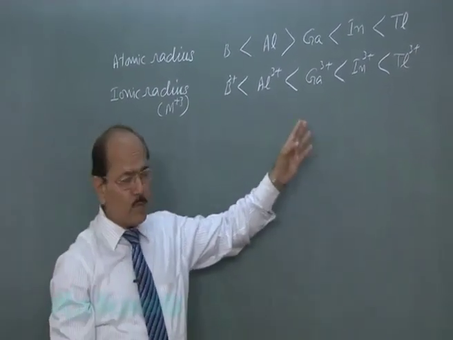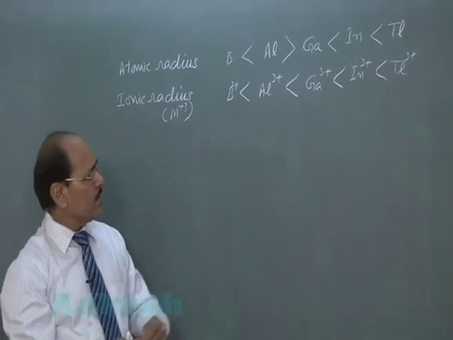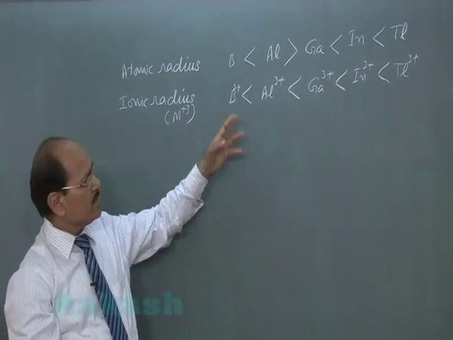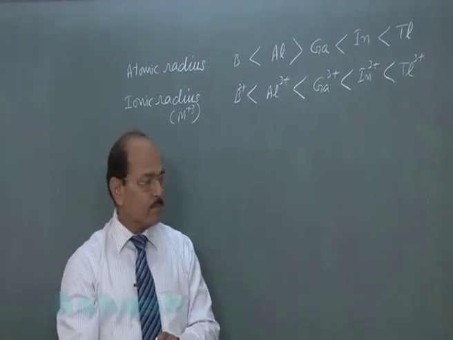As we move from top to bottom in group 13, the ionic radius of the +3 state increases.